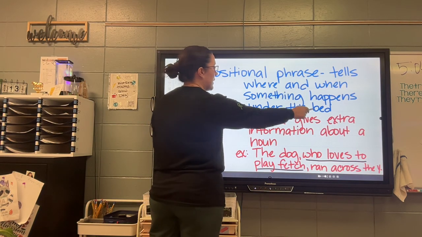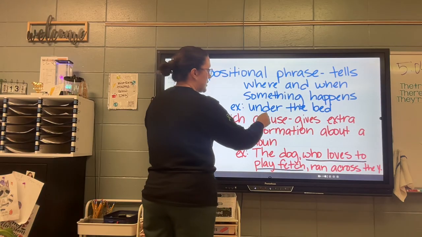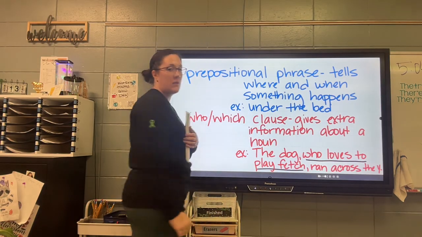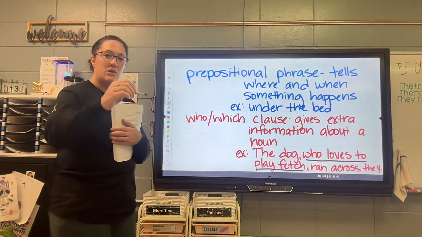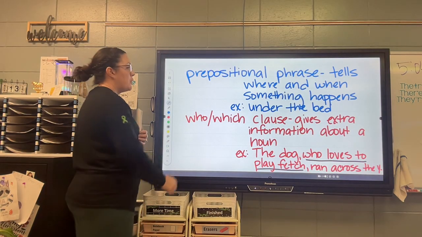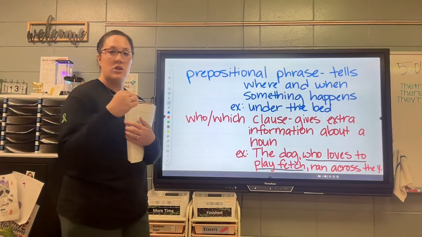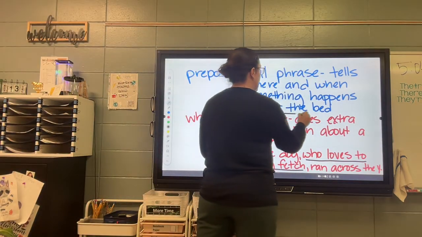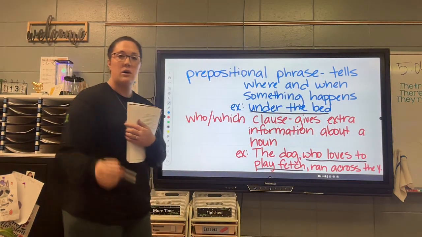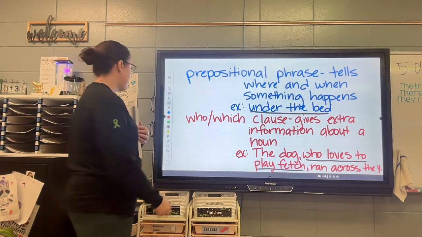And where is it happening? Under the bed. So under is my preposition, bed is the noun that it relates to. So our whole prepositional phrase is under the bed. And when we're editing this in our sentences, how we would show that is just by underlining it just like this. Okay, so you would underline under the bed.